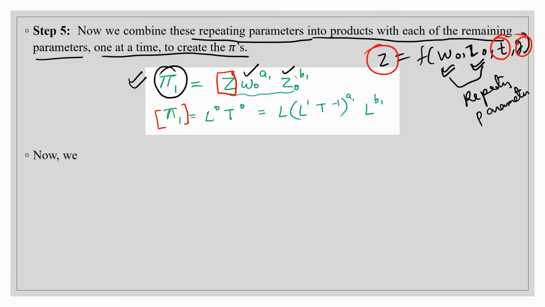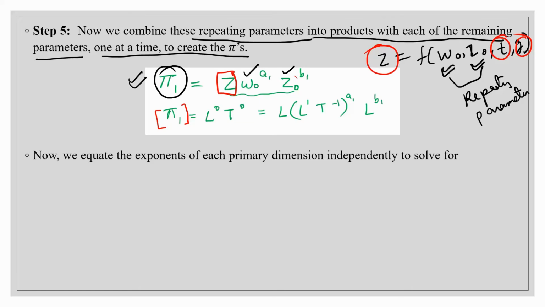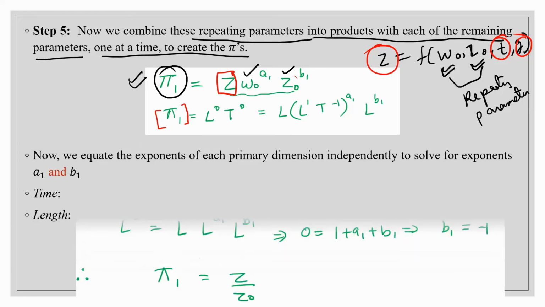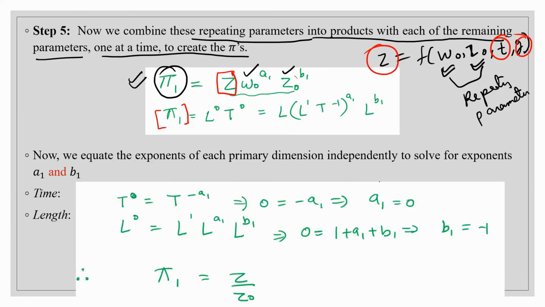Now you need to equate the exponents to find a1 and b1. If you see the time exponent, you can easily equate with t and with l, and you will find out a1 is coming to be 0 and b1 is coming to be -1. You can easily equate and see.